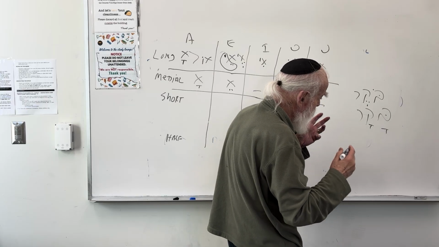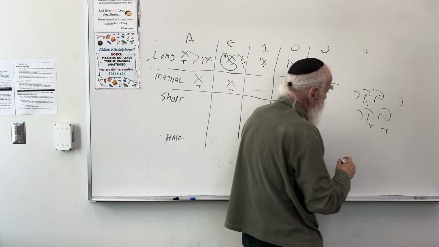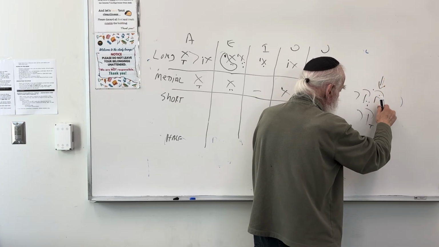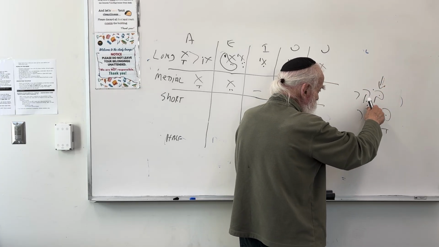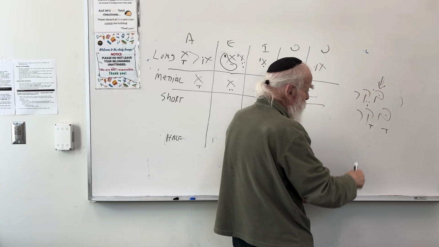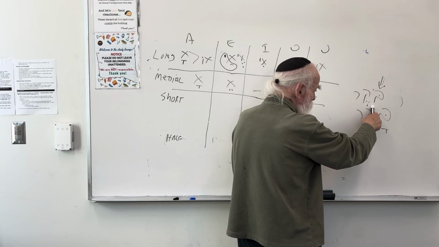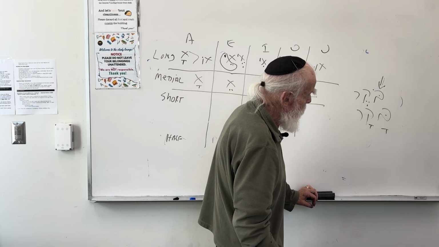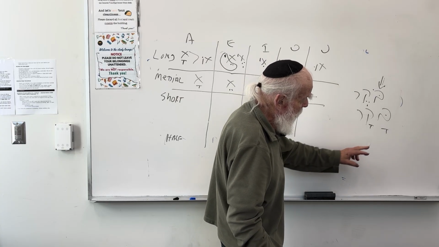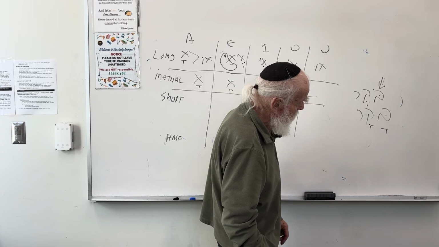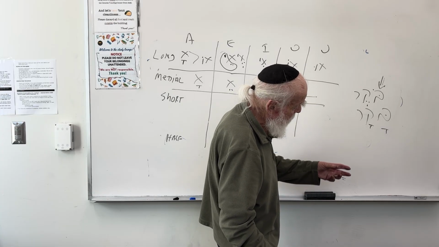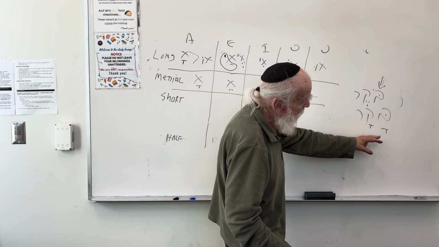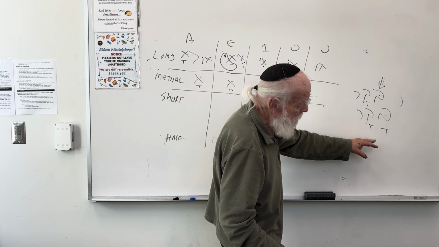And now watch what I'm about to do. The medial vowel attracts the accent. The emphasis in this case of the 2 syllables is over that first syllable. We don't say boker, we say boker, boker. In this case here, we'll have 2 kamatzes. Did you not say, Professor, that the medial vowel attracts the accent? Well, what am I going to do when I have 2 kamatzes? Where is the accent going to be?